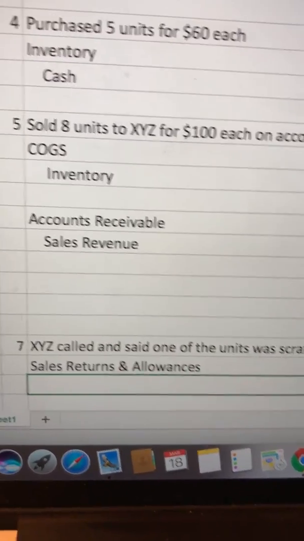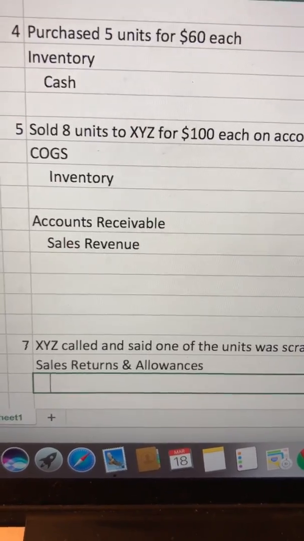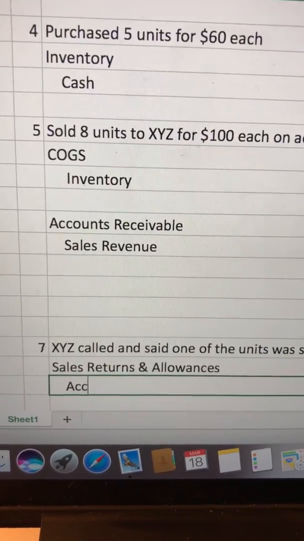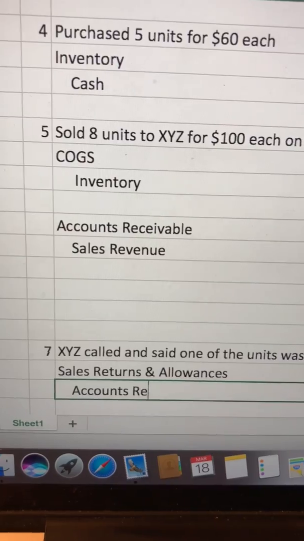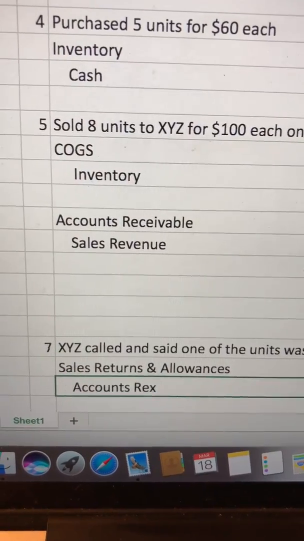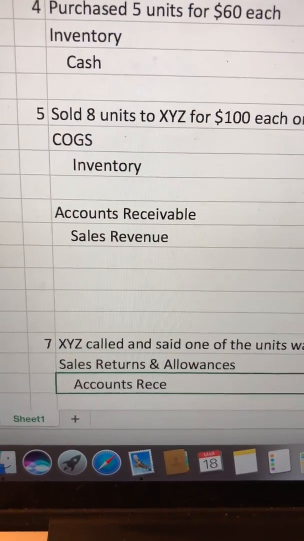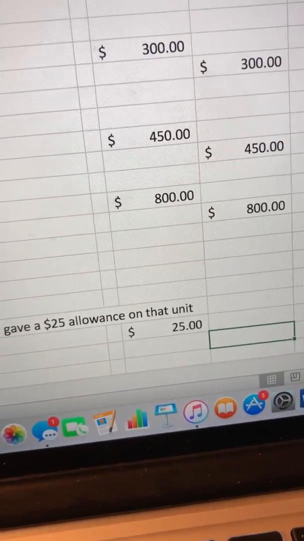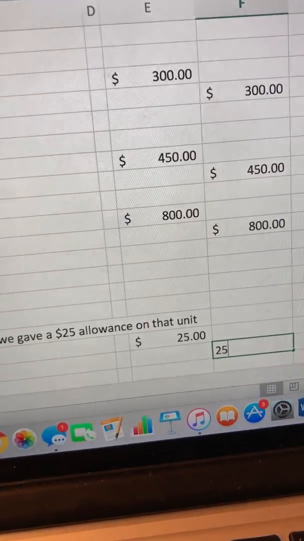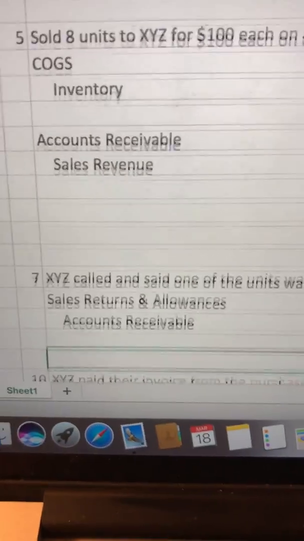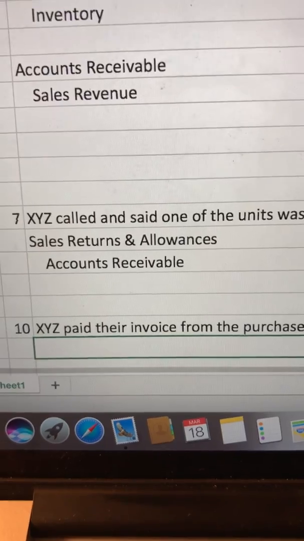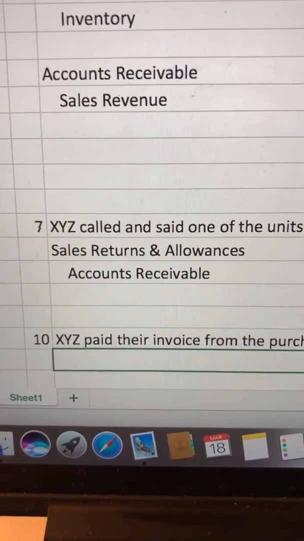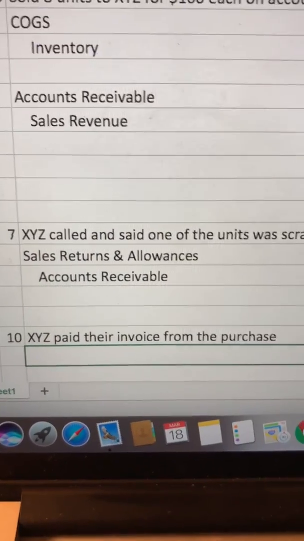And since we're telling them they owe us less, we're going to credit their accounts receivable $25. Now what do we have? On the 10th, they paid us.